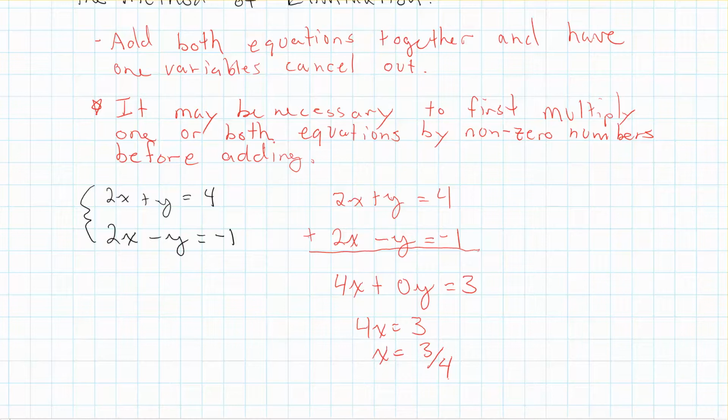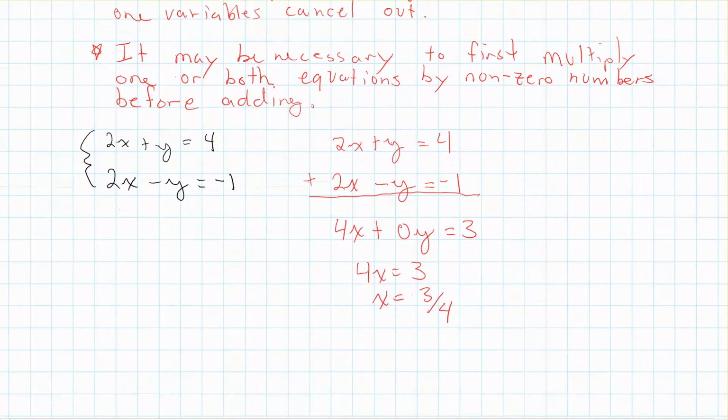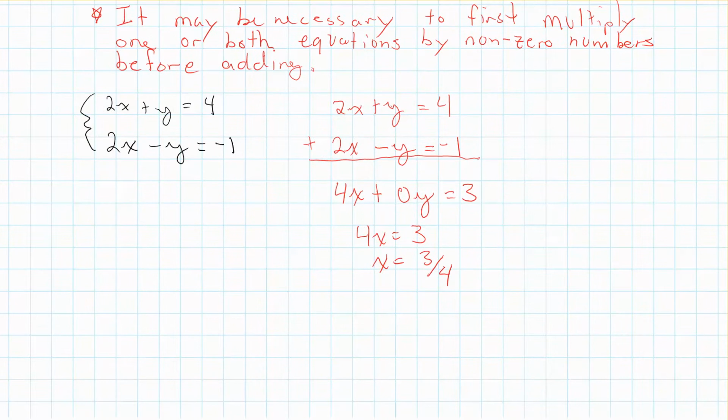Now, just like we had to do before, we have to figure out what y is, and so we have to substitute that. Now, we can use either equation. I'm going to use the top one. Maybe why don't you try the bottom one and see if you get the same answer as I do, because you should, since if you're thinking about the graph, this is where they intersect. Okay, so what do we have here? Well, using the top equation, I have 2 times 3/4 plus y equals 4.